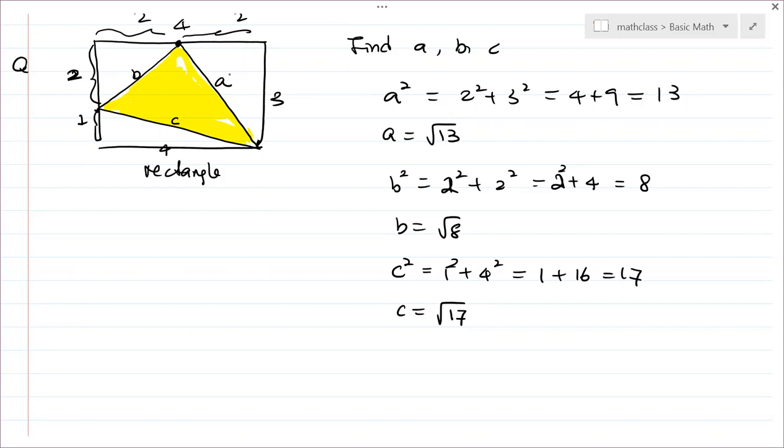So the idea we are using here is called the subtraction method. Yes, you cannot find the area of the triangle directly, but you already have the knowledge to find the area of this triangle. How? Use the subtraction method.